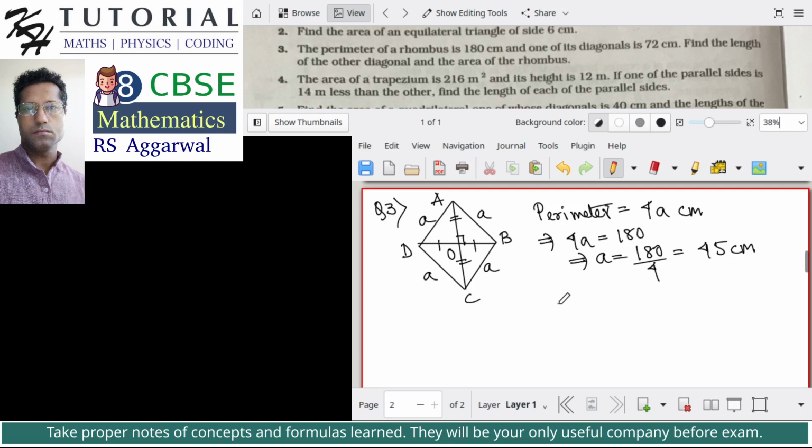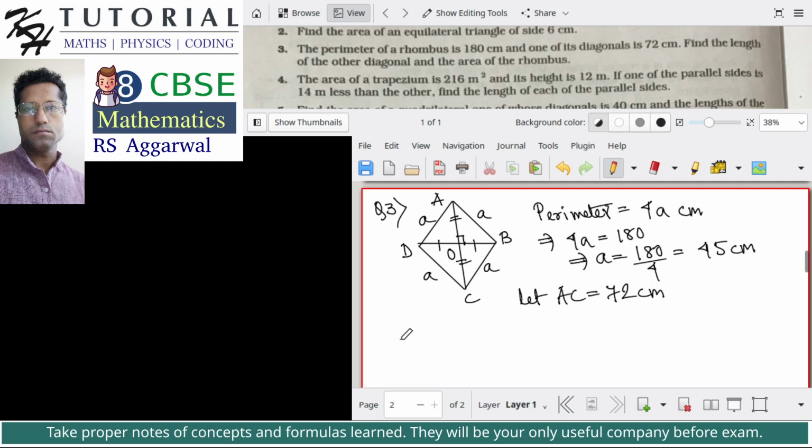Now one of its diagonals is 72 centimeter. So let AC be equal to 72 centimeter.